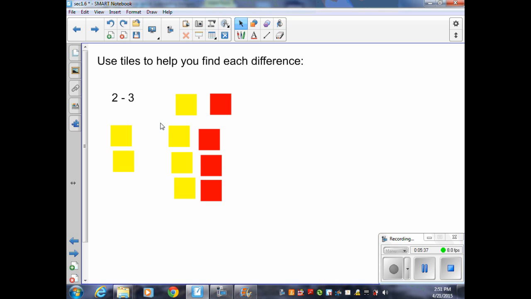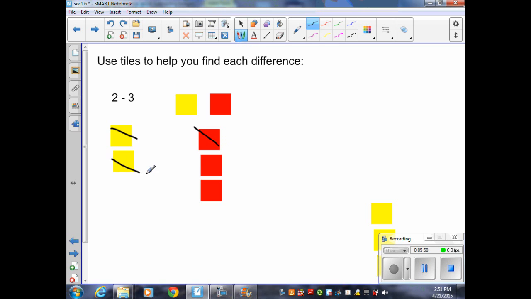Now what I want to do is take away my 3 yellow blocks, or 3 units. When I pull that away, I now can create zero pairs. Here's my zero pair, which cancels, my zero pair, which cancels, and what's left is a negative 1. 2 minus 3 is a negative 1.